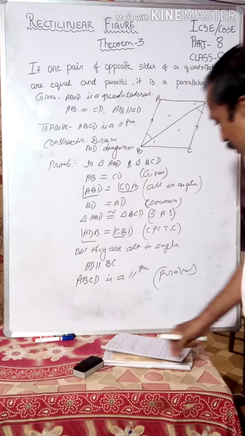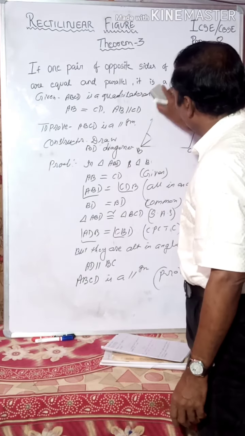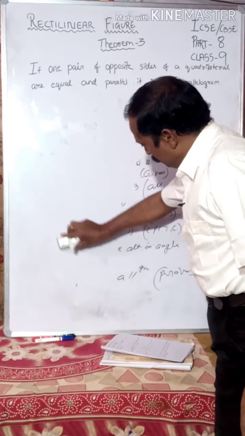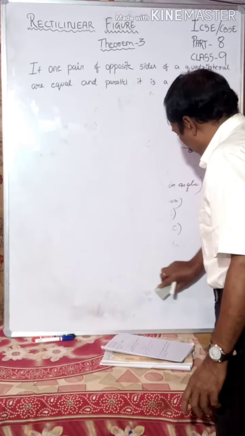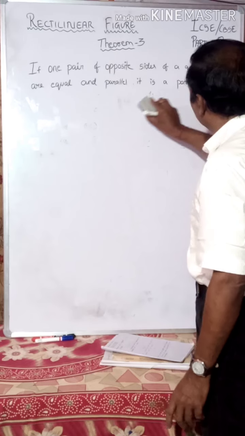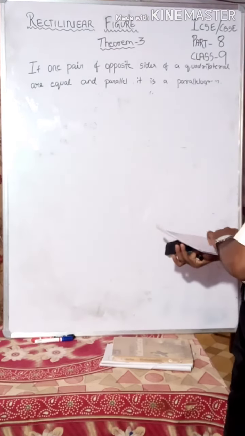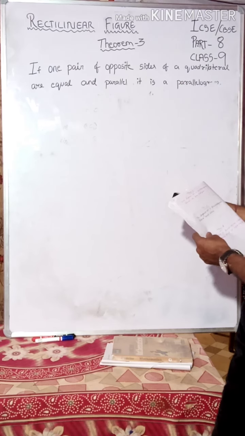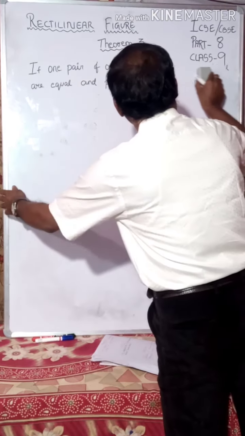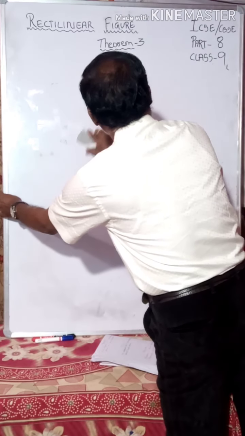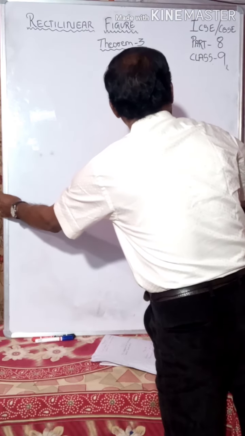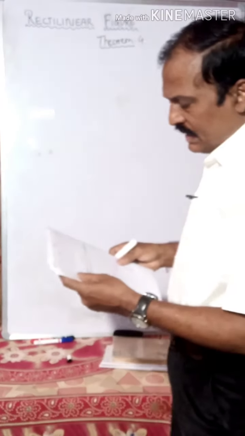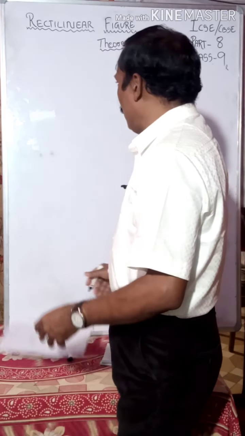Theorem 4. Each diagonal of a parallelogram bisects the parallelogram.